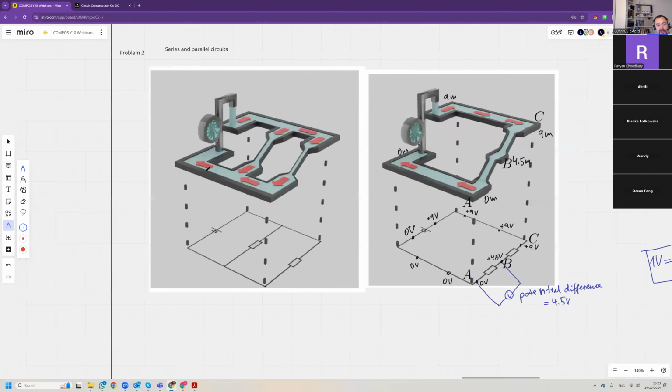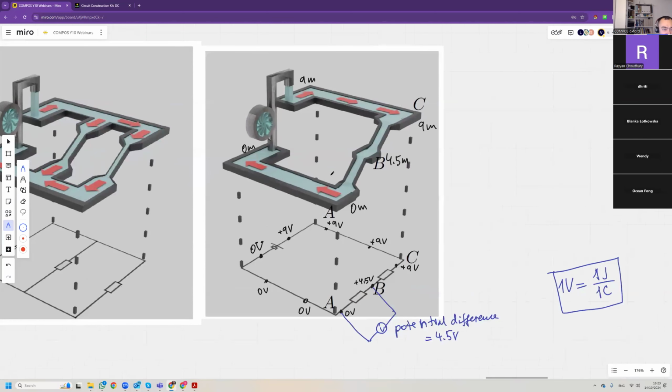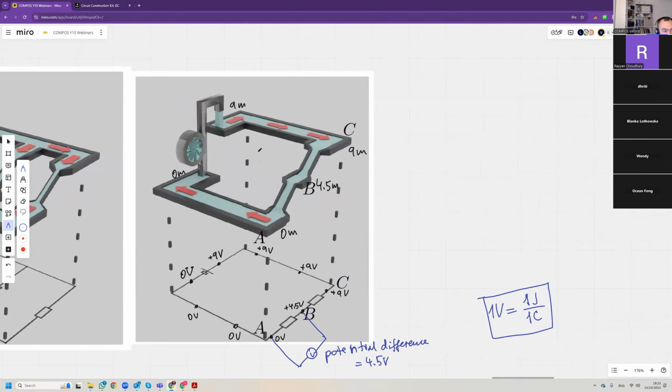Now let's look at a series and a parallel circuit. So this is a series circuit, and you can see that the current at any point is the same. The current is the amount of water per second. So if you have, I don't know, 3 kilograms of water per second here, you have 3 kilograms of water per second here, and 3 kilograms per second here.